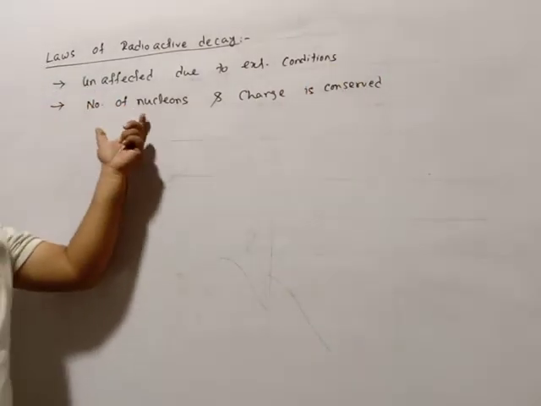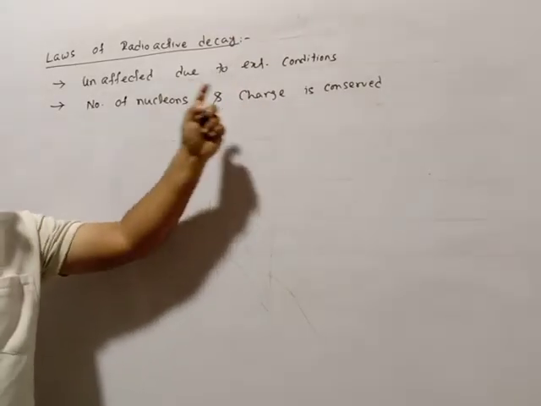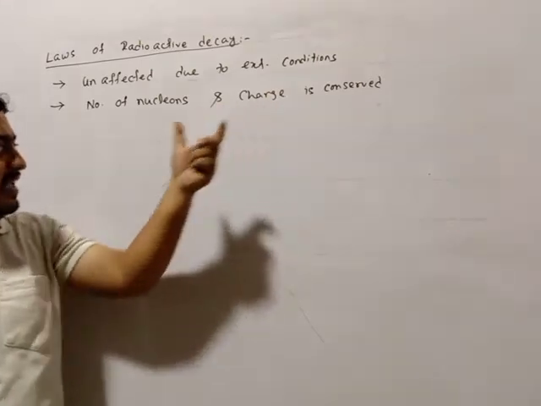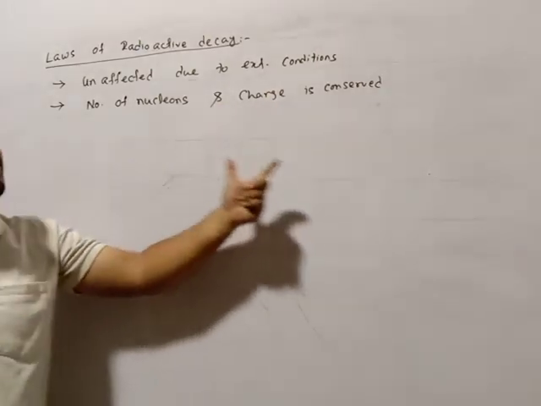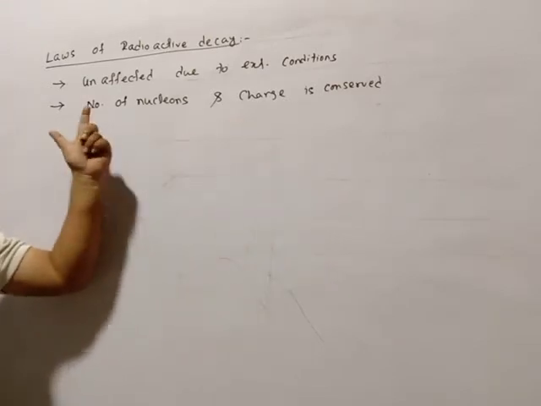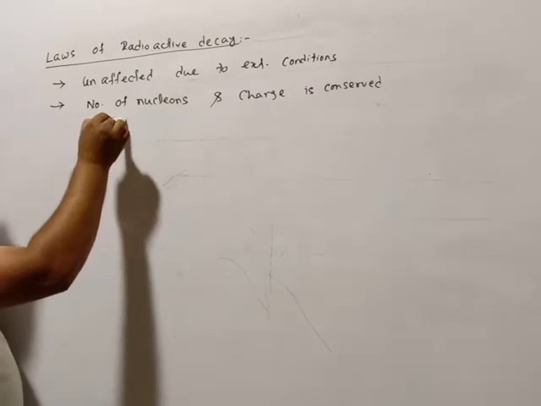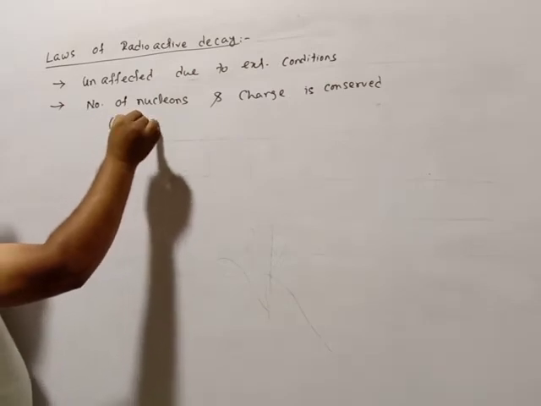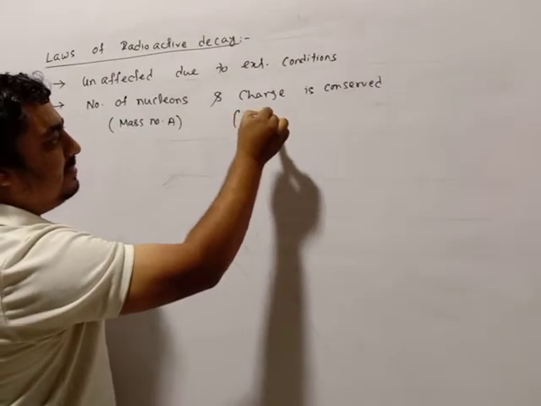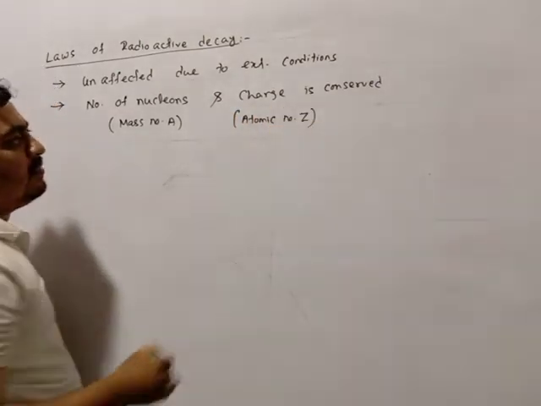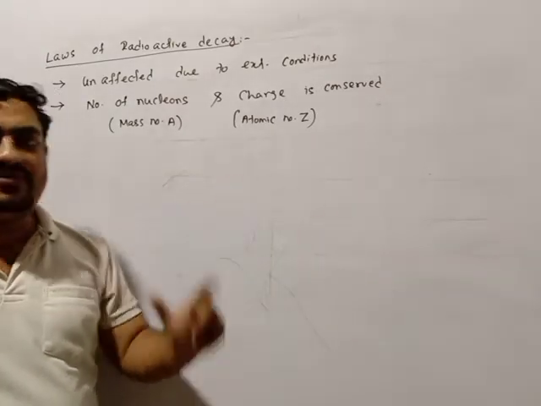So, in a radioactive decay process, the number of nucleons and charge is conserved. That means the total number of nucleons before disintegration must be equal to number of nucleons after disintegration. So we can say the mass number A and atomic number Z must be same before decay and after decay.